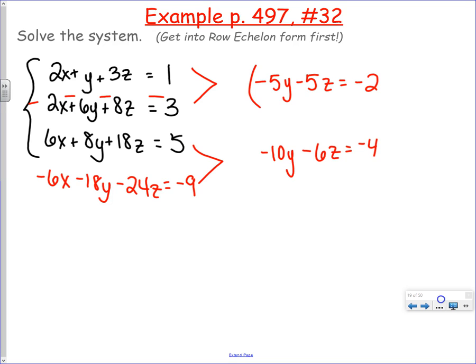I'm going to go ahead and multiply this whole guy by 2, right? Good, negative 2. So I'm going to have my positive 10y plus 10z equals 4. What do we get? Don't I get 4z equals 0?